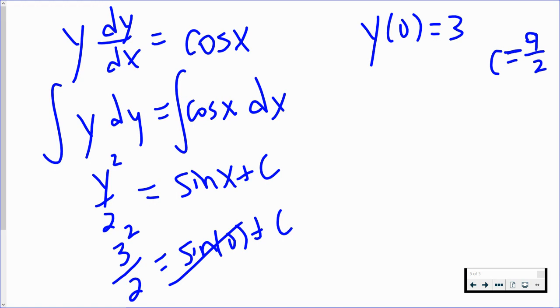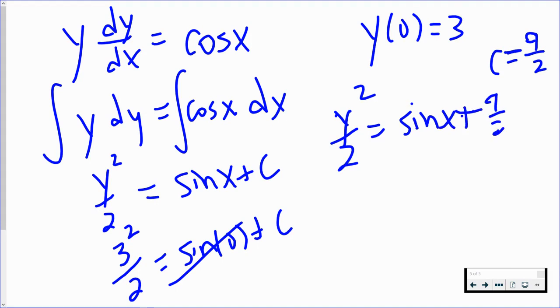So now we just want to rewrite our equation, and we're going to solve for y again. So we have y squared over 2 equals sine of x plus 9 over 2.